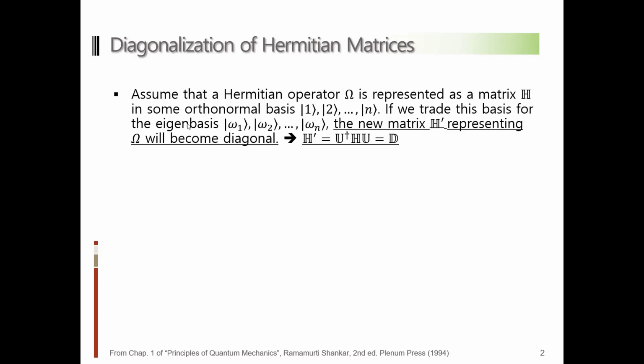We call this the eigenbasis. Then if we represent this Hermitian operator in this eigenbasis, the new matrix will always show up as a diagonal matrix. If you are wondering how to convert this H to the new matrix form, as I mentioned right before, they will be connected through the unitary matrix, and the unitary matrix can be found by following the rule which we discussed before.